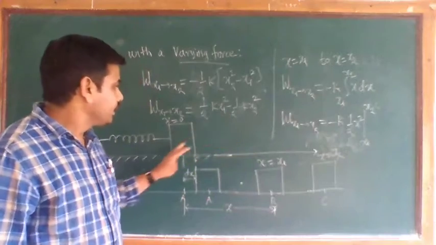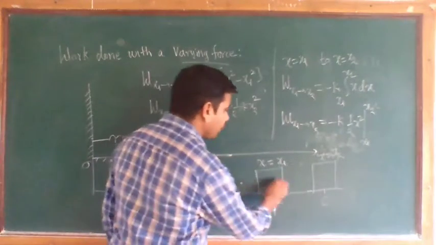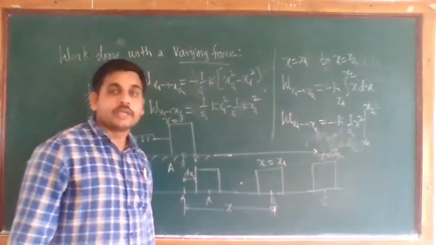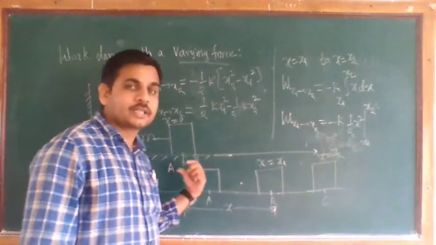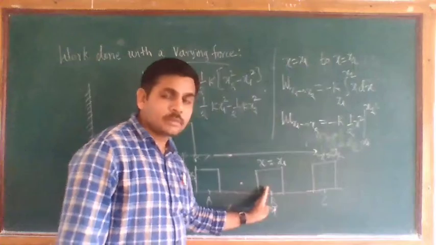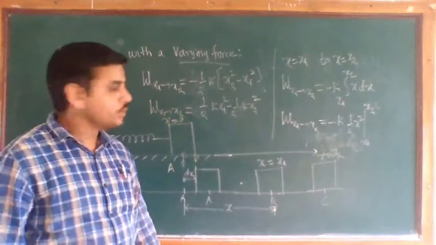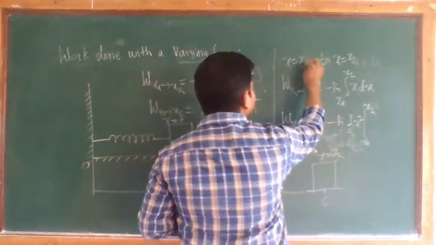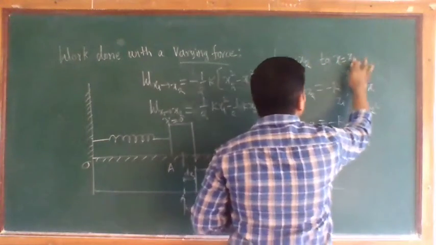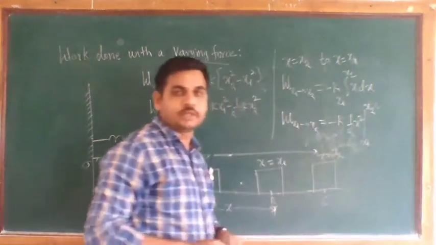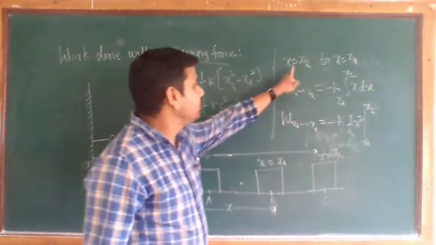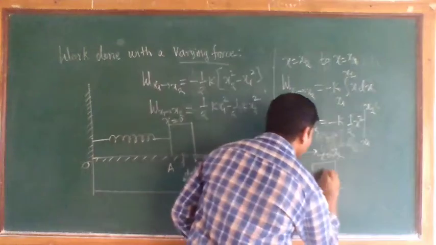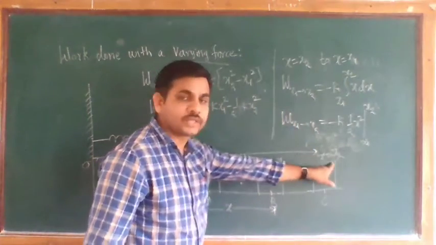So this is the condition where the block is moving from x is equal to x1 to x is equal to x2. If you bring this block back to its original position, we are considering again x is equal to x2 to x is equal to x1. We are just simply changing their position. In the first condition, the block moved from x1 to x2.